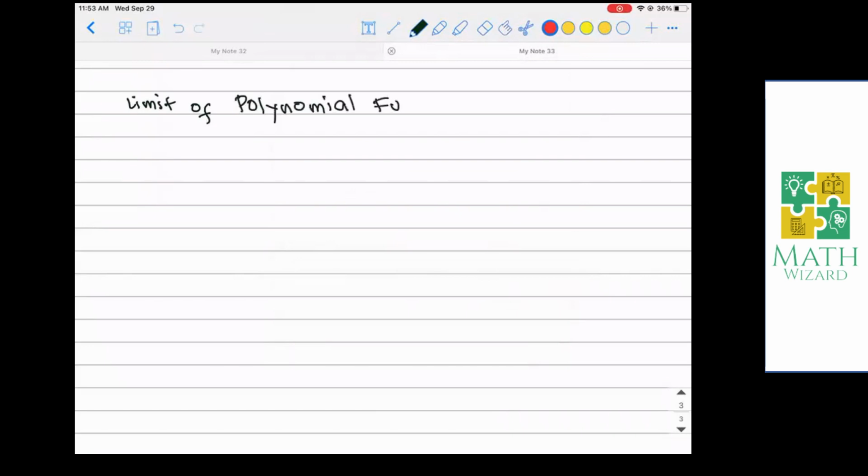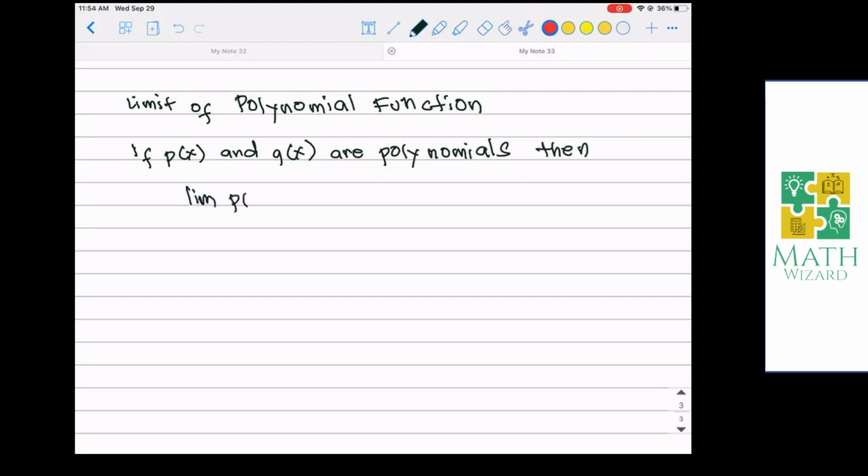So let's say if we have p of x and q of x that are polynomials, then ang magiging sagot natin is the limit of p of x as x approaches a, then ang magiging sagot natin ay p of a.